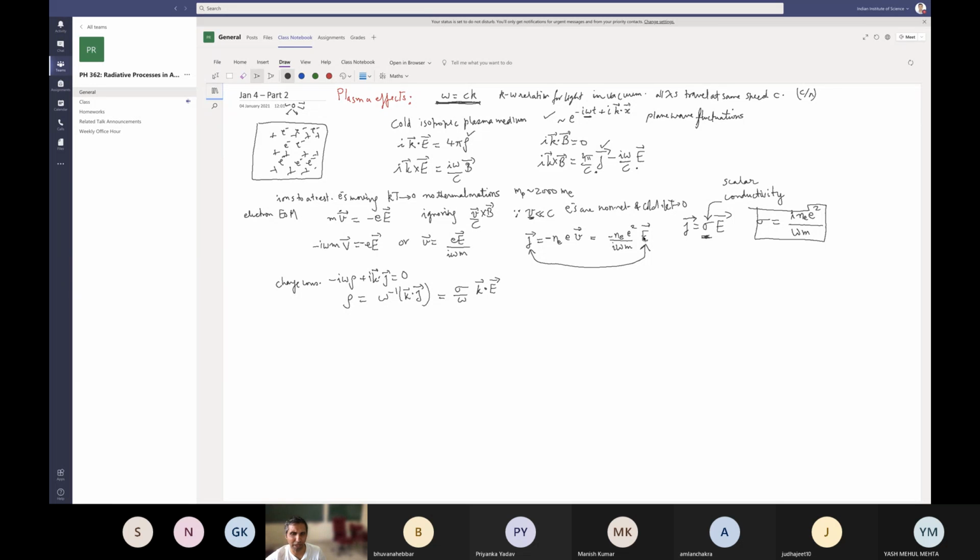We are assuming that this plasma is isotropic. There are no large-scale magnetic fields and so on. So this is our rho, the density. In fact, this is density fluctuations.